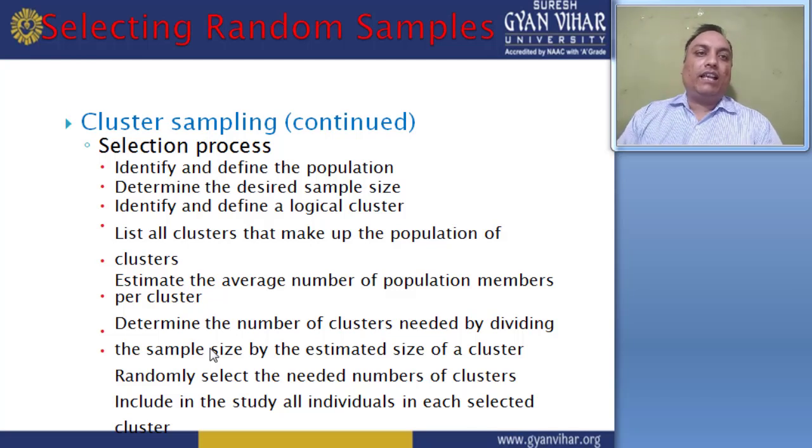This is the random selection of the needed number of clusters. Include in the study the individuals in each selected cluster, and create the subtypes, which are bifurcated into two stages and multi-stage.